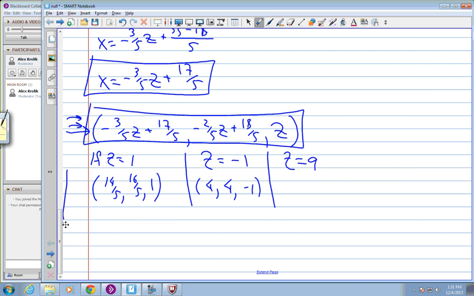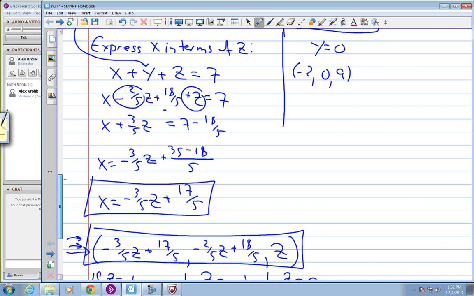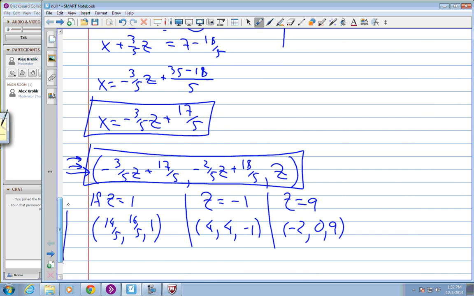If I plug 9 in here, it's going to get really messy, but 3 times 9, what is that? 27, right? Negative 27 plus 17 is negative 10. Negative 10 divided by 5 is negative 2. If I plug 9 in here, that's negative 18 plus 18, so that's 0, and z is 9. So it's still the same point, negative 2, 0, 9.